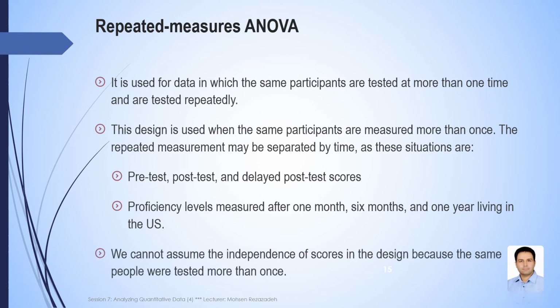We cannot assume the independence of scores in the design because the same people were tested more than once. When we have pre-test, post-test, delayed post-test, in fact, we are testing the same students at 3 different time points. We cannot assume the independence of scores in this design.